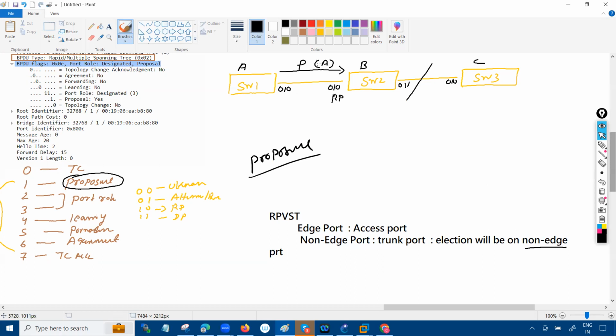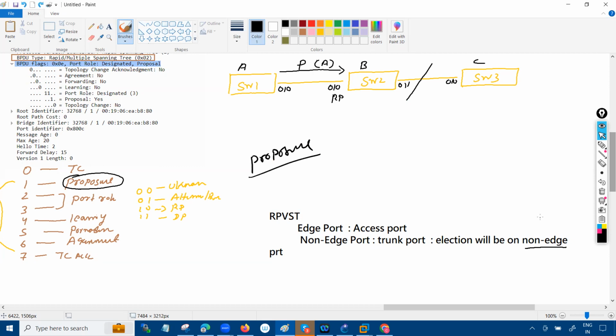Listen to me. In RPVST, if the election is going on this particular segment, then for the remaining segments, all the non-edge ports will go into the blocking state, just to avoid the loop.